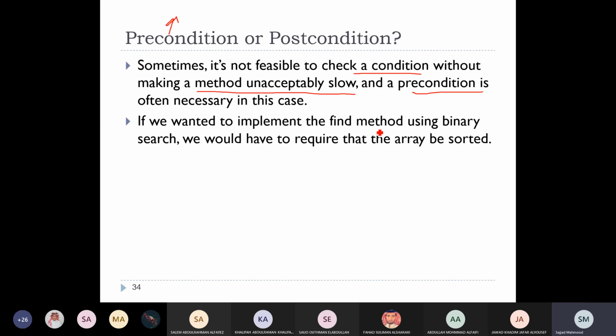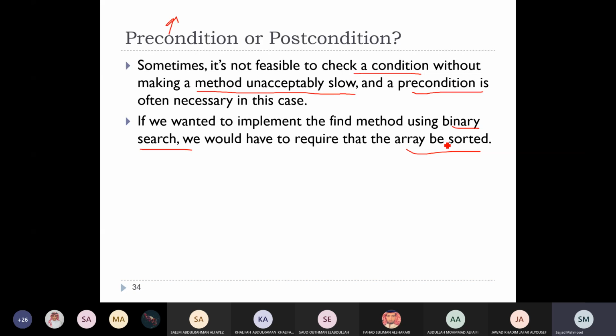Let's assume you're implementing a find method using binary search. In that case, you can put a precondition that the array is sorted. Why are you interested in doing this? What's the link between binary search and the array being sorted?